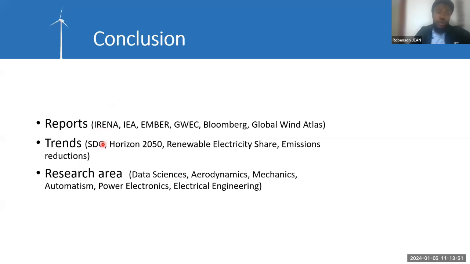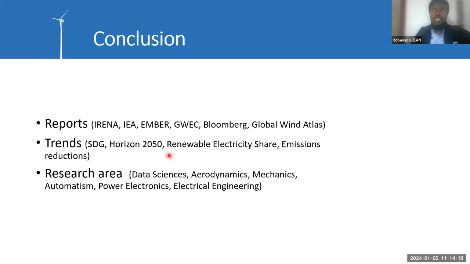In the IRENA report, you can see a lot of information related to the cost of energy. So we can compare the cost of energy and also the contribution, like the electricity share, and how each one contributes to reducing carbon emissions.